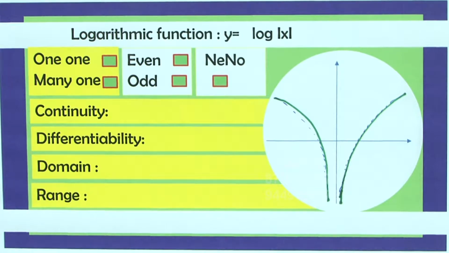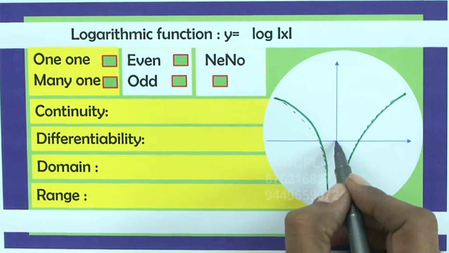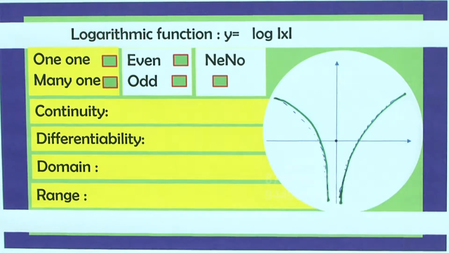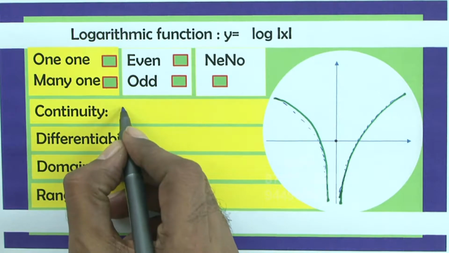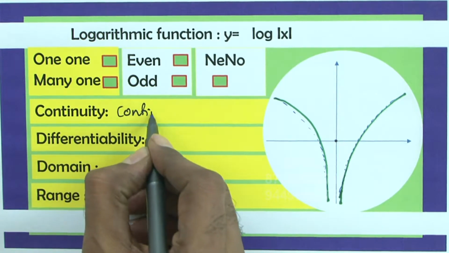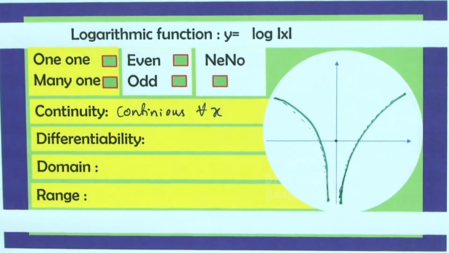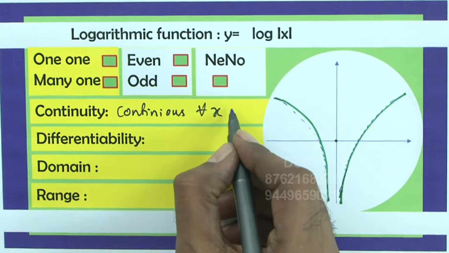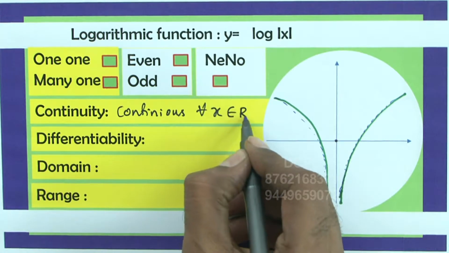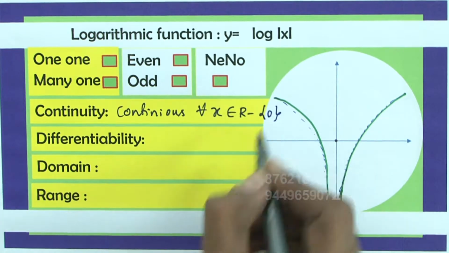Now, let us say whether the function is continuous or not. Except at x equal to 0, where y tends to minus infinity, the graph is definitely continuous, right? Therefore, it is continuous for all x belonging to the set of real numbers except 0.